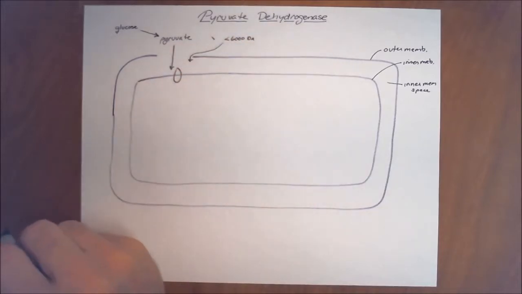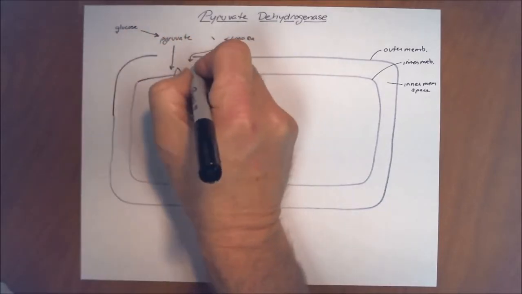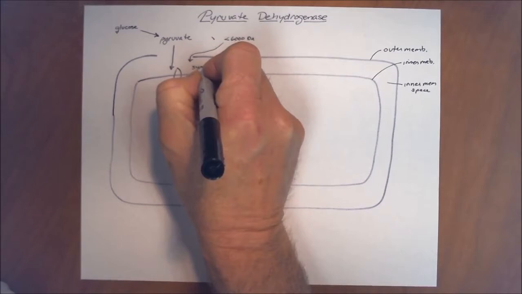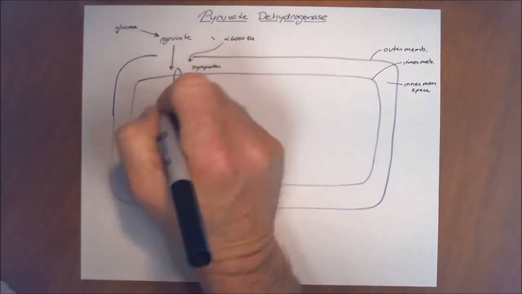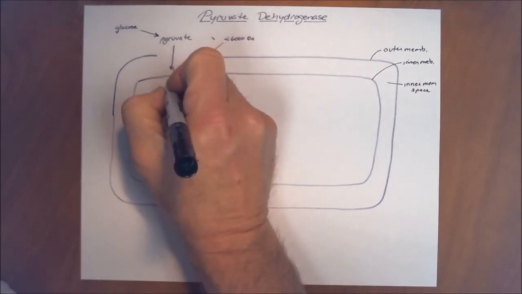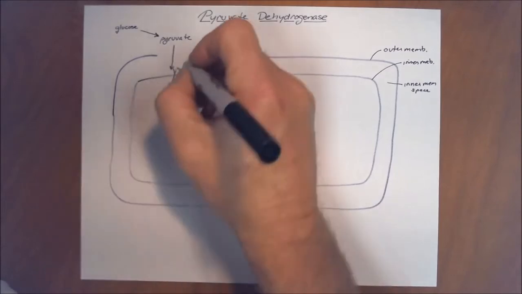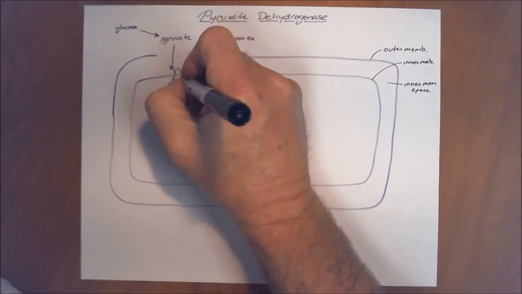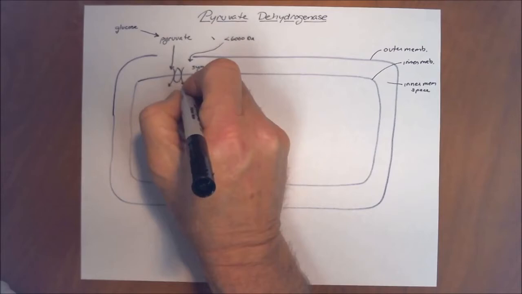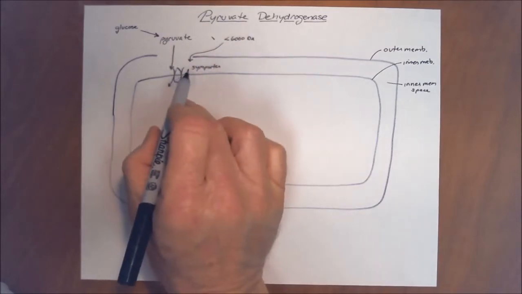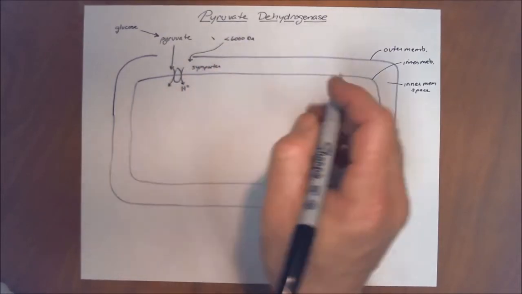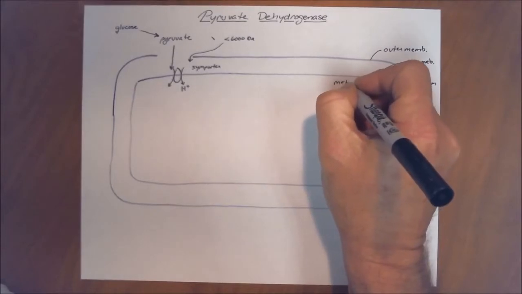For this purpose, we have a symporter which is going to transport pyruvate into the mitochondria, as well as transport protons from the inner membrane space into the matrix of the mitochondria.